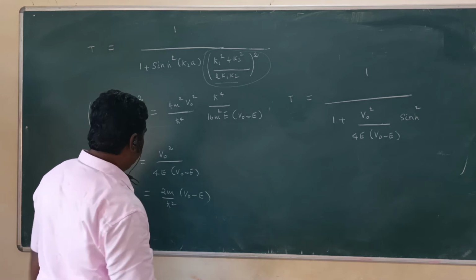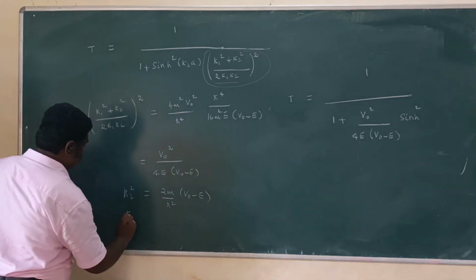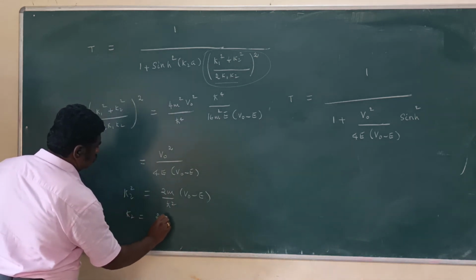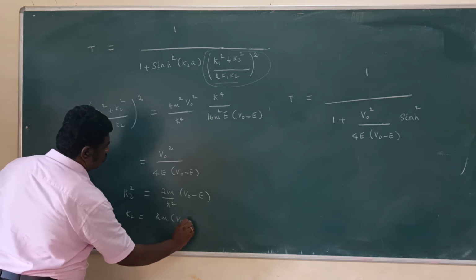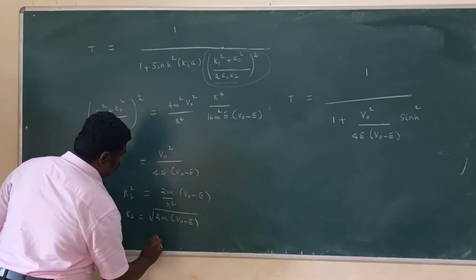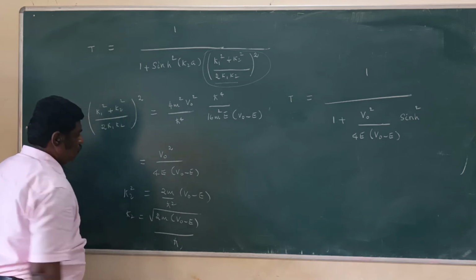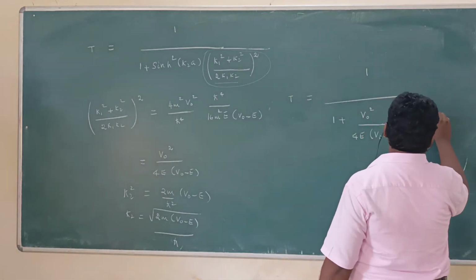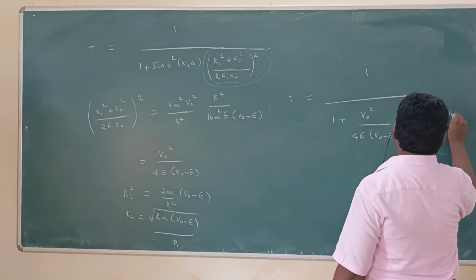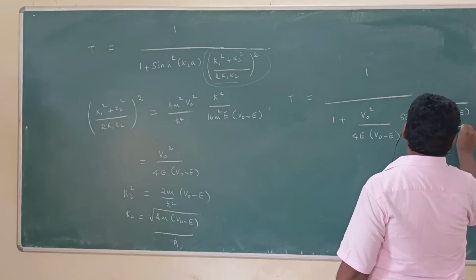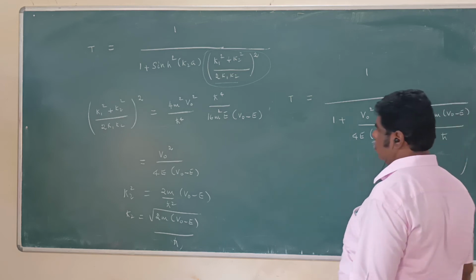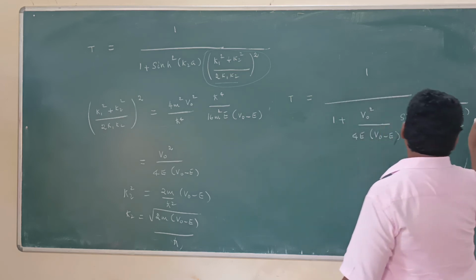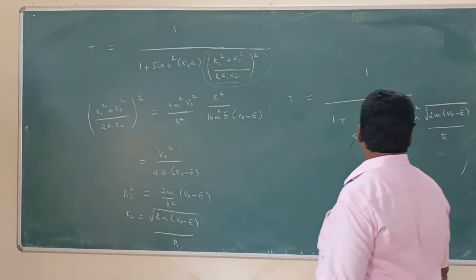So we have to calculate the value of k2. k2 is equal to 2m into (V0 minus E) inside the root divided by h cross outside the root. So sinh square of root of 2m into (V0 minus E) divided by h cross, into a outside the root.